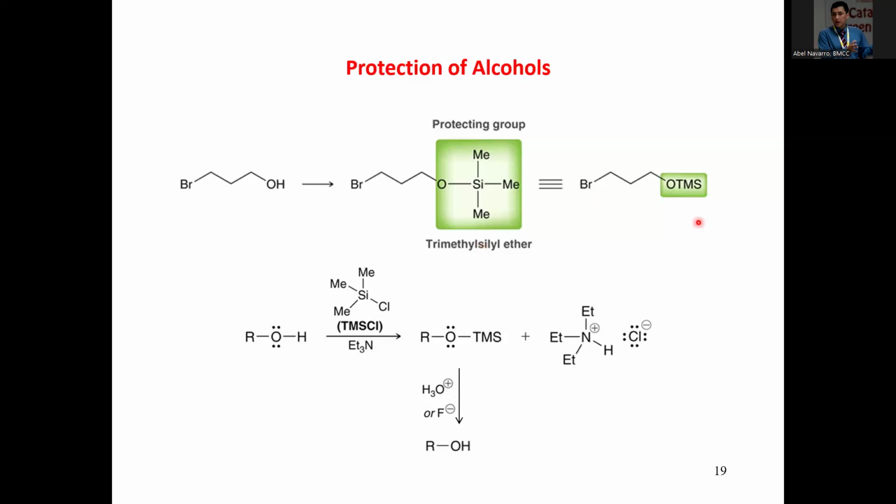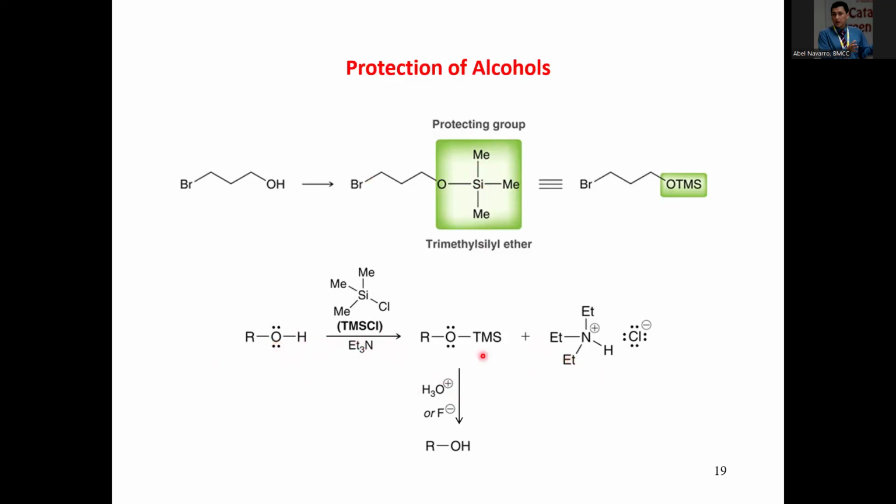In our case, it is trimethylsilyl ether. So it would be TMSO. Yeah, you can call it TMSO. So that would be your abbreviation for the protecting group. TMSO is the protecting group for alcohol.